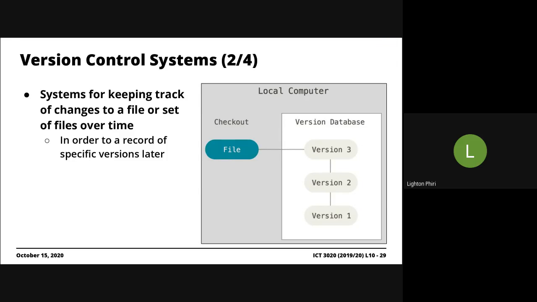So essentially what VCS systems do here is they help you keep track of changes to files or a set of files over time, right? So this could be source code files, your .java files or your .php files, or whatever language you're using, or your text files. And as you're making changes, as you're adding new files, as you're modifying the contents of the files, what the version control system or VCS system will do is it will keep track of the changes to the individual files.